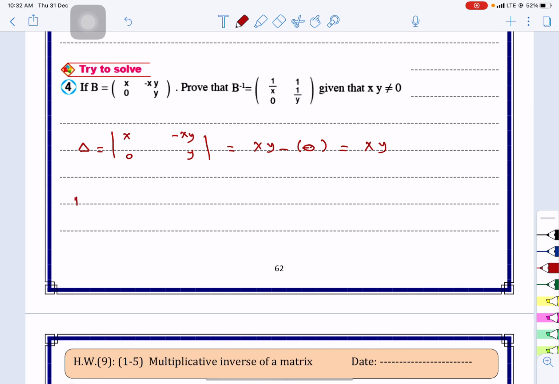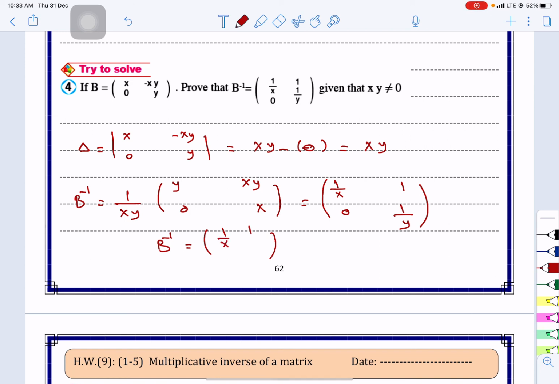So P power negative 1 equals 1 over xy multiplied by the matrix with the principal diagonal changed and the sign of the other diagonal changed. So the result: 1 over xy times y equals 1 over x, and 0, and 1 over y. So P negative 1 equals the matrix of 1 over x, 1, 0, and 1 over y.